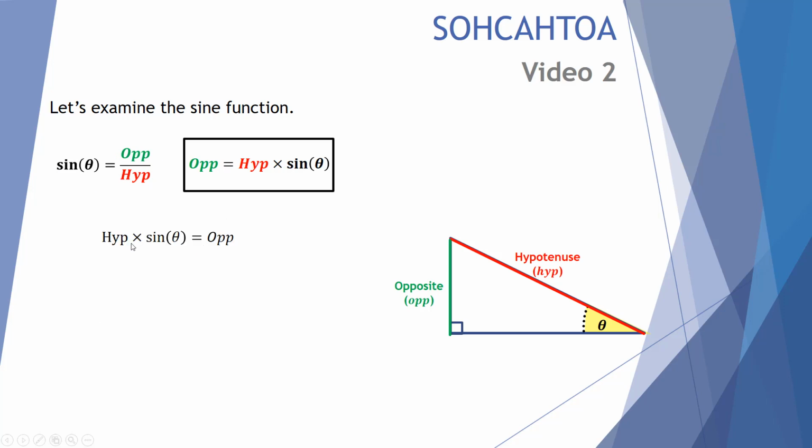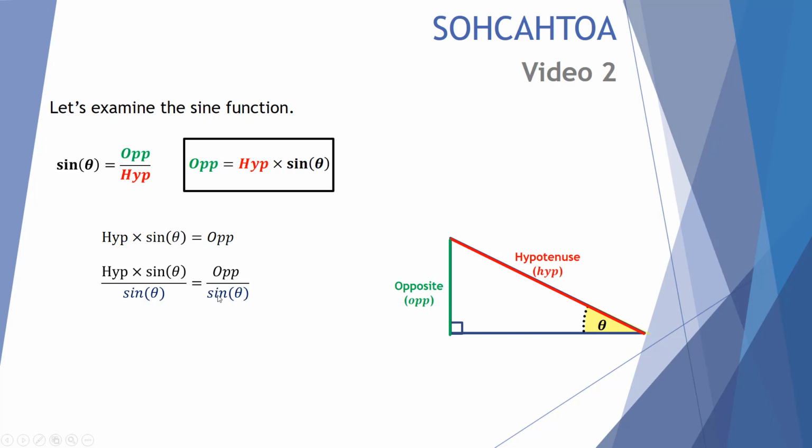Let's continue on. We go back to that starting point where we had hypotenuse times sine of theta equals opposite side length, which is really just this in reverse. Let's see what else we could do from here. If we divided both sides by the function of sine theta, so on the left hand side we have hypotenuse times sine theta, now divided by sine theta, is equal to the opposite side length also divided by sine theta.